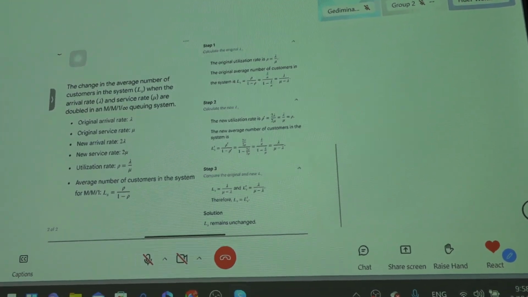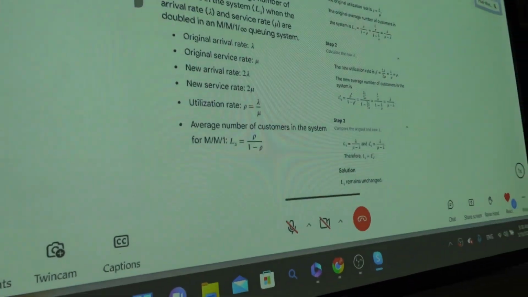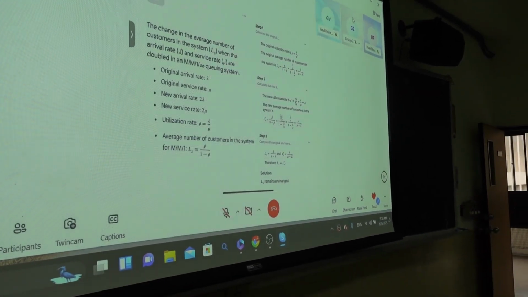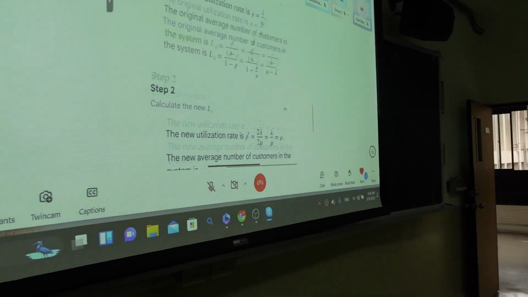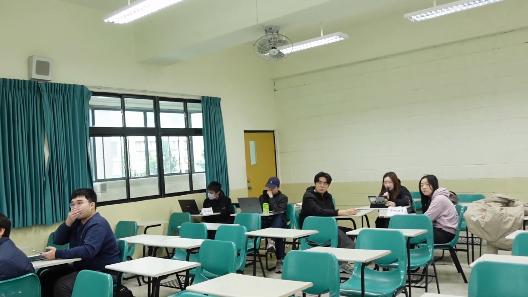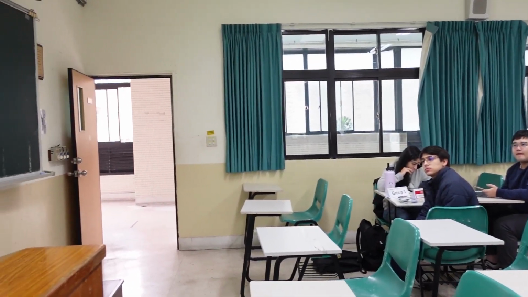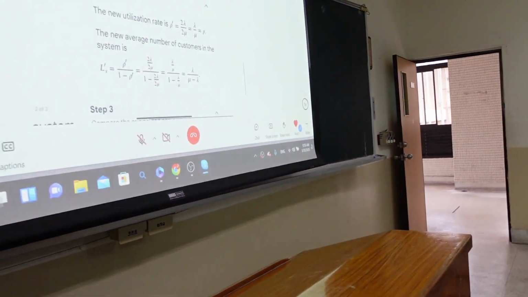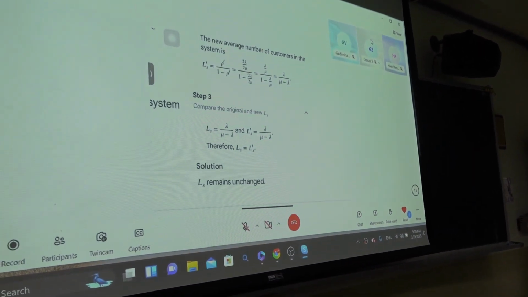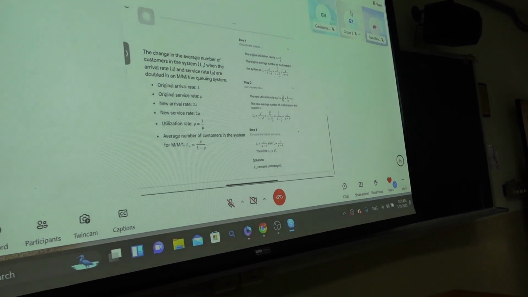In step 1, the original utilization rate is given by the formula, and when we calculate Ls, the result is lambda over mu minus lambda. In step 2, we calculate the new Ls, which is the same as the previous Ls. In step 3, we compare the previous Ls and the new Ls, which is the same. So the conclusion of our answer is that Ls remains unchanged.